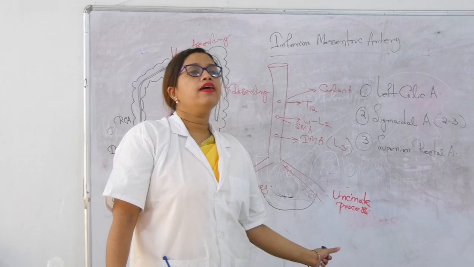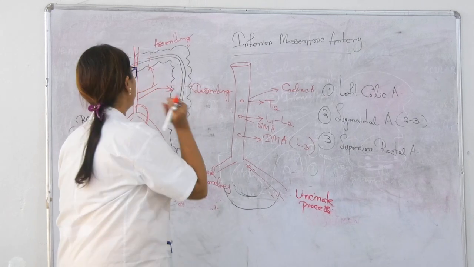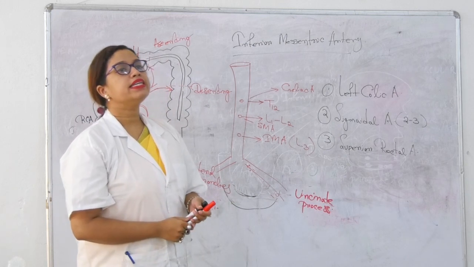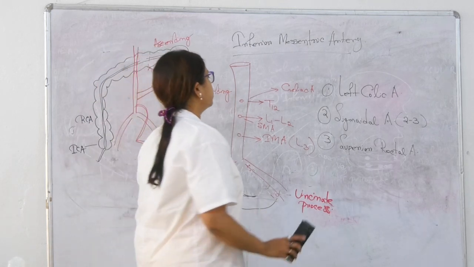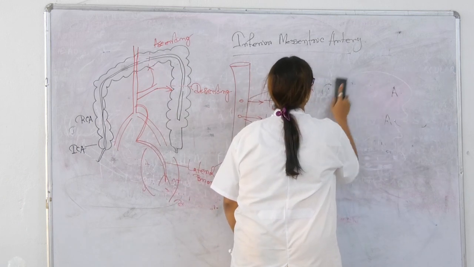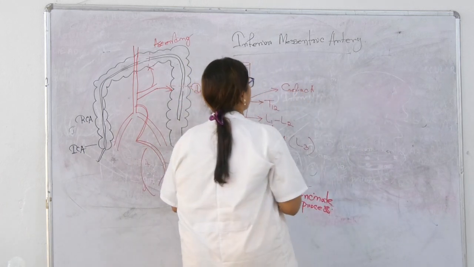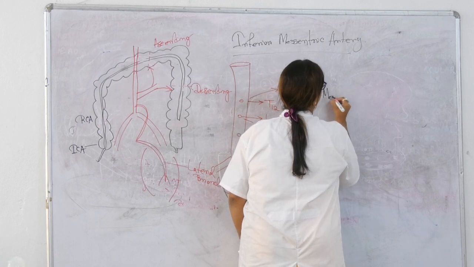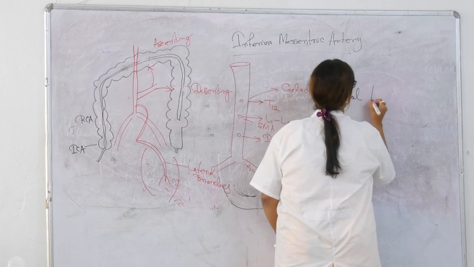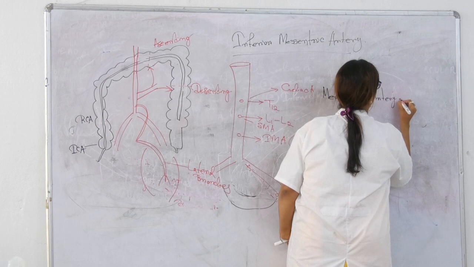Then from here there are two clinical anatomy. Write it down. Which one is known as marginal artery of Drummond? So what is marginal artery of Drummond?